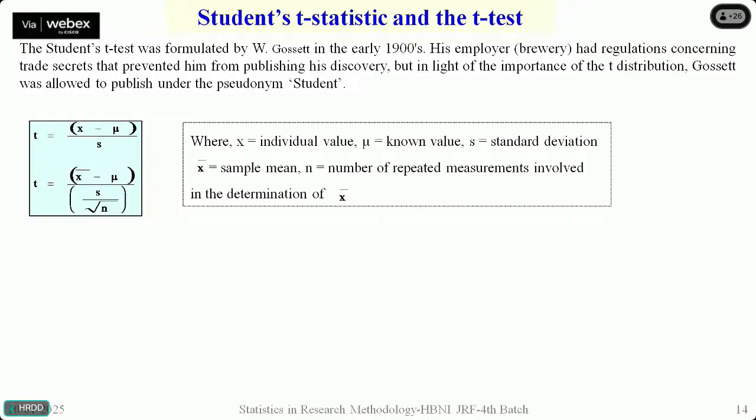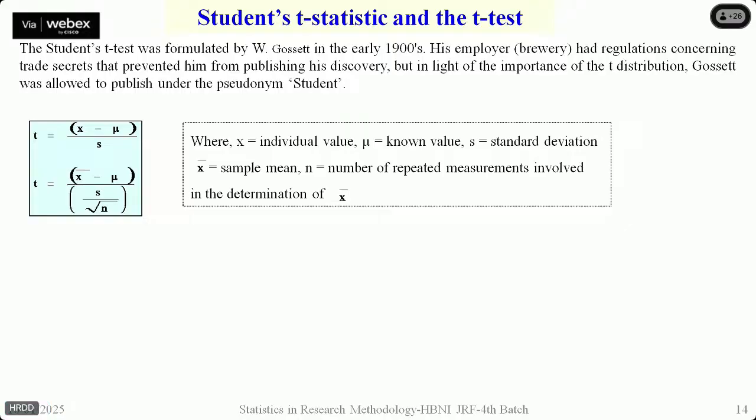Otherwise, it is the mathematical expression. Z was equal to x minus mu by sigma. Here t is x minus mu by S. This mu can be x bar also; x minus x bar by S is also possible. The t-distribution is utilized for comparing our value with the population mean, or two values, my value and your value, x minus x bar or x1 bar minus x2 bar.